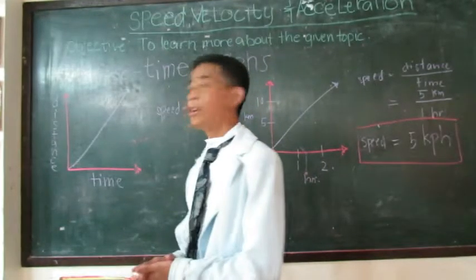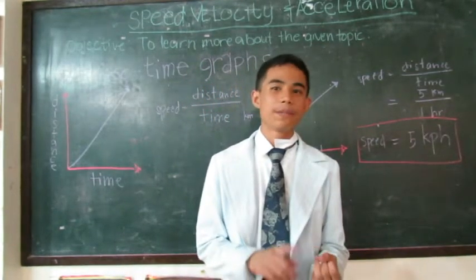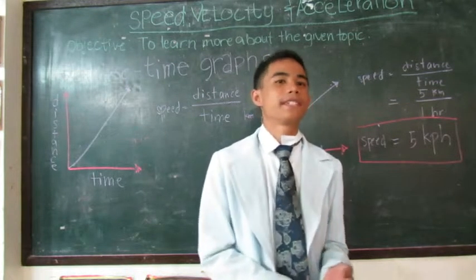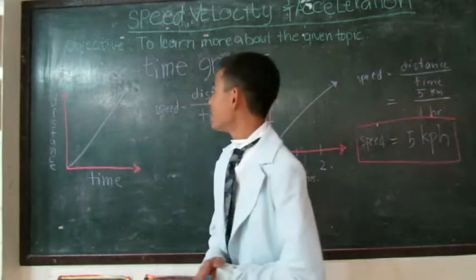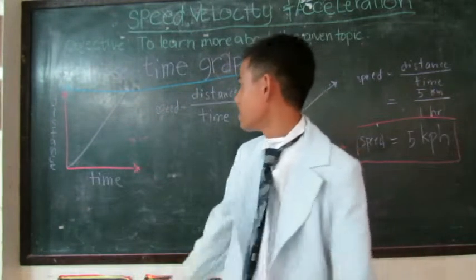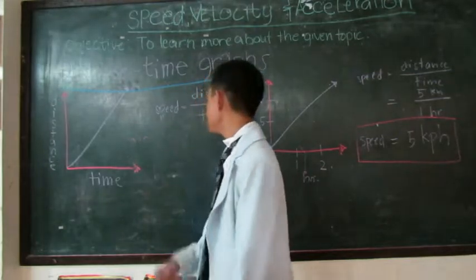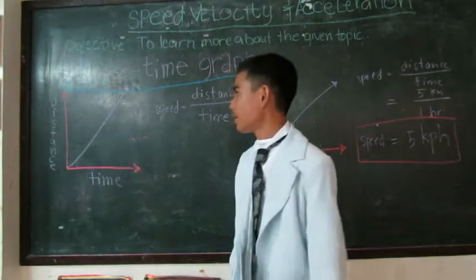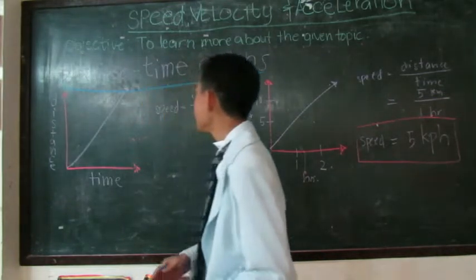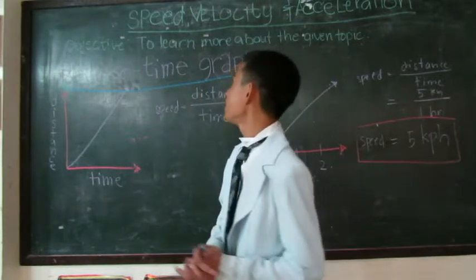So now, if we are going to find the time, speed, or the distance of an object, one way is to use graphs. So if we are going to find the speed, we can use distance time graphs. So we all know that speed is equal to distance over time. So this is how distance time graphs look like.